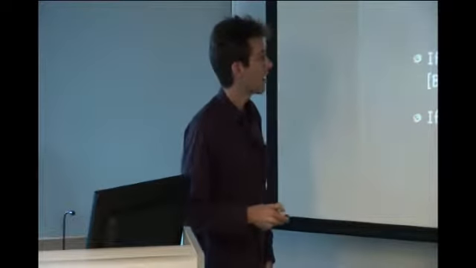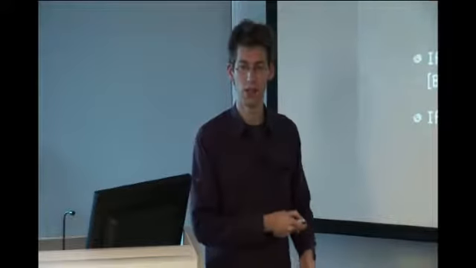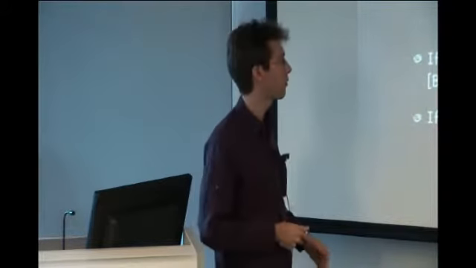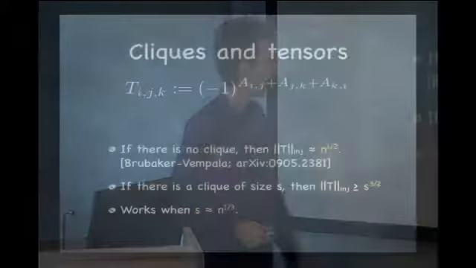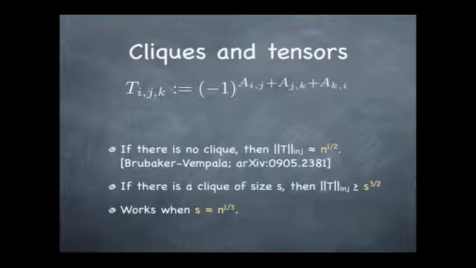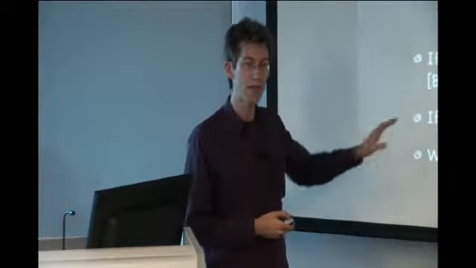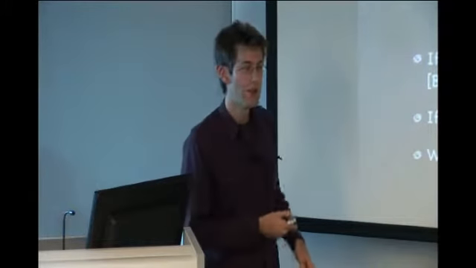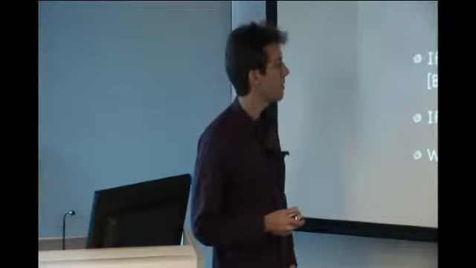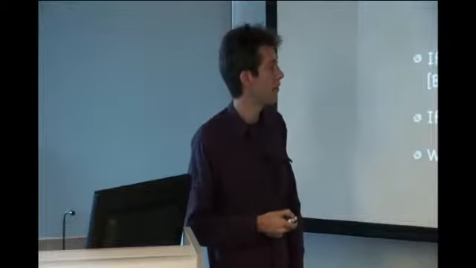So the clique will give you a value of s to the 3/2. Maybe you can do better with another vector, but this gives you that the norm is at least s to the 3/2. So when s is bigger than cube root of n, this gives you a viable algorithm, at least if you can compute this norm. Then this norm will be able to distinguish cliques.